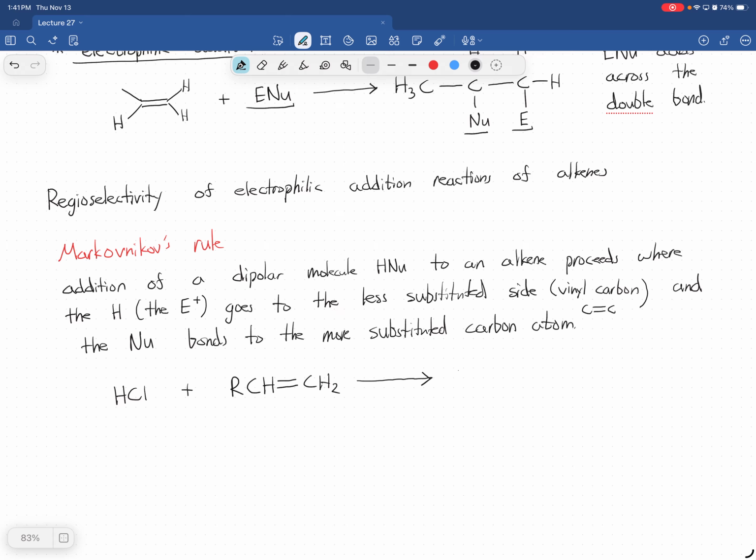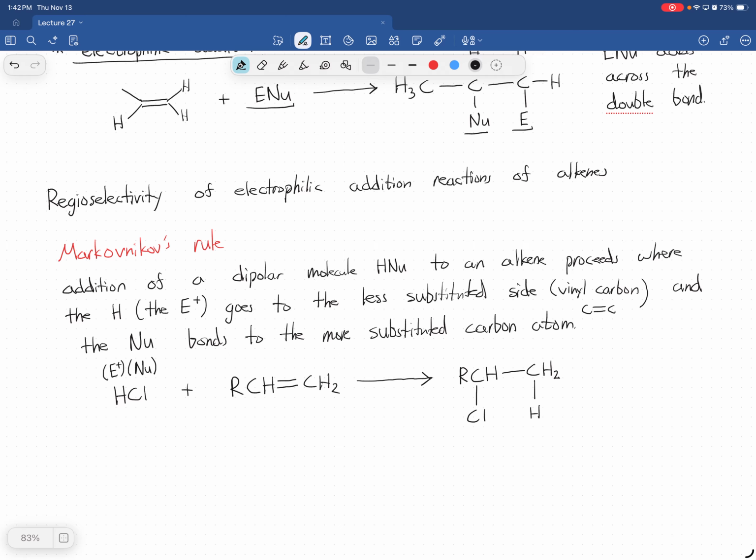If we draw this structure, the RCH part is more substituted, so that's where my nucleophile, chlorine, will go. And the hydrogen, my electrophile, goes to the least substituted side, that's my H. Here's my electrophile, E plus. Here's my nucleophile, Nu.